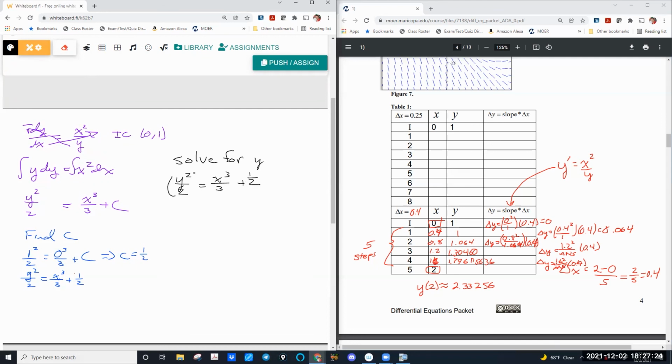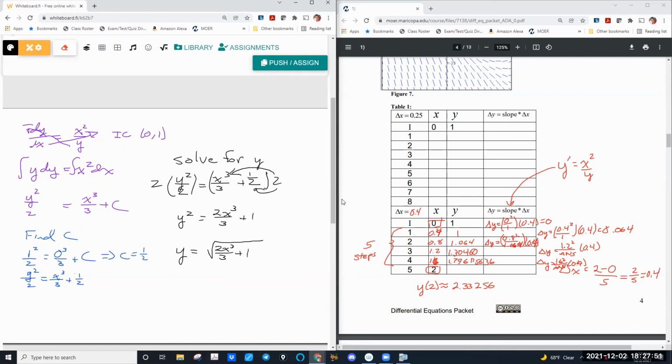Well, clearly we need to multiply both sides by 2 to get rid of that 2. So we're going to end up with y squared equals 2x cubed over 3, distributing, plus 1. And lastly, y equals the square root of 2x cubed over 3 plus 1.